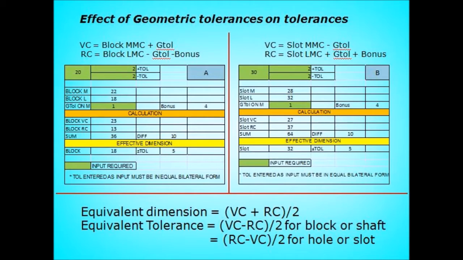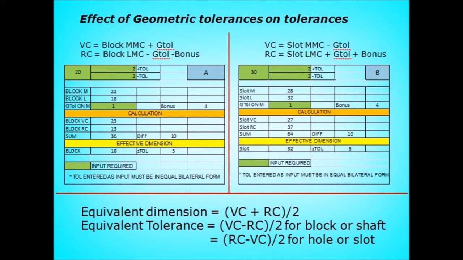For a hole or slot, virtual condition is its MMC minus GTOL, and the resultant condition is its LMC plus GTOL plus bonus.